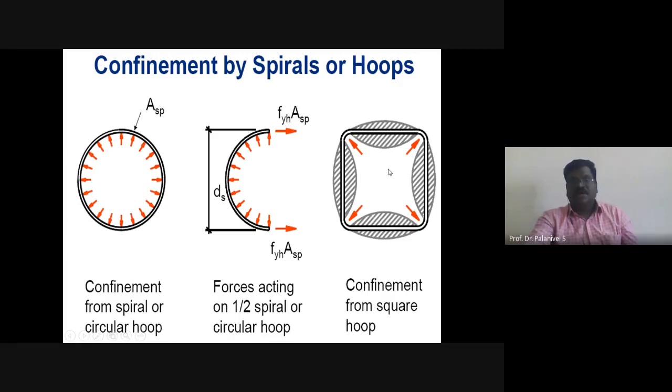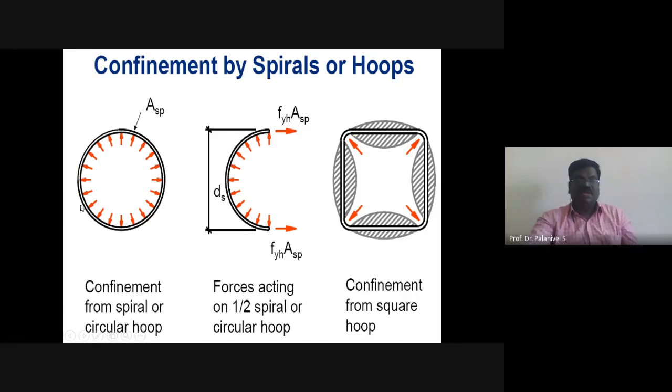When the concrete is loaded in the axial direction, it tends to dilate. At that time, this link will bend. Only the corner offers confinement pressure. The corner reinforcement will provide more confinement pressure, while the sides cannot, because they tend to bend like a ring.